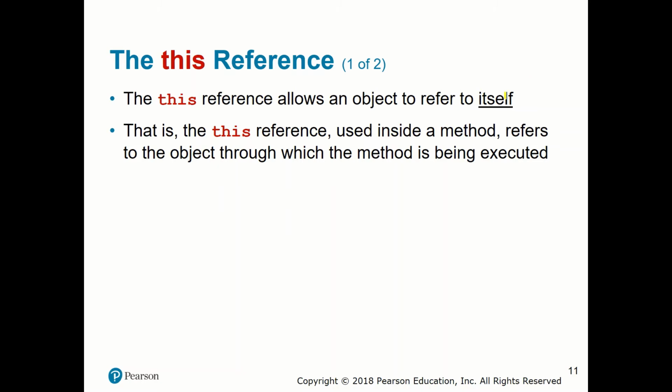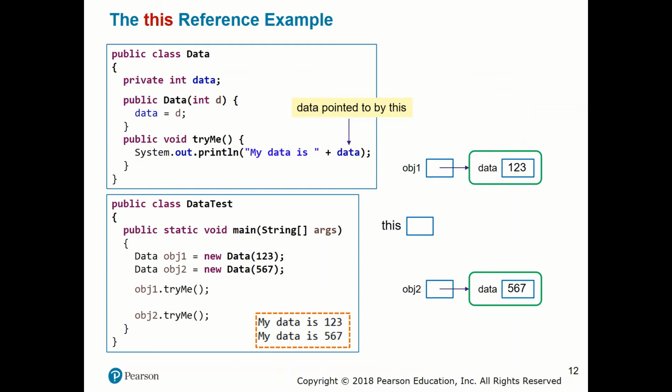The this reference allows an object to refer to itself. That is, the this reference used inside a method usually refers to the object through which the method is being executed. I will explain this with an example. See this one?